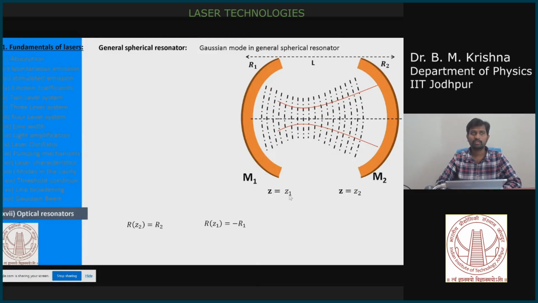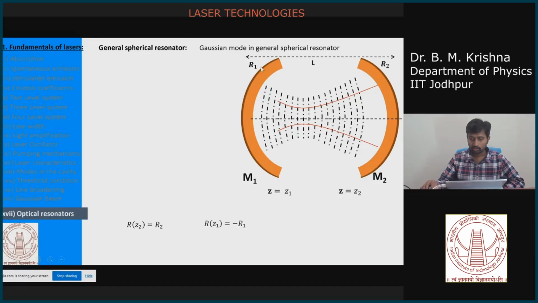You can say that a plane mirror is the extreme condition of a spherical mirror, where the radius of curvature is infinity, and the other is small. So I am taking the range from R equals infinity to as small as I can. This is the whole range I am going to cover in this general spherical resonator.